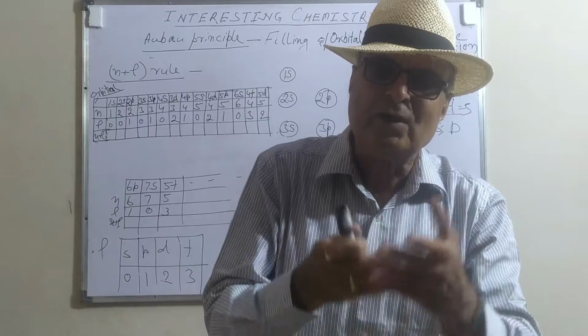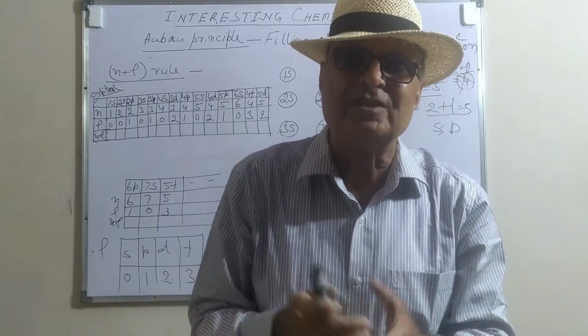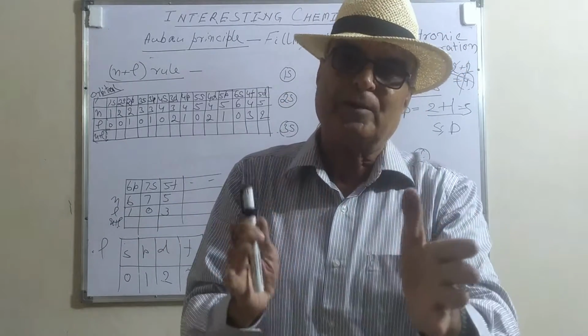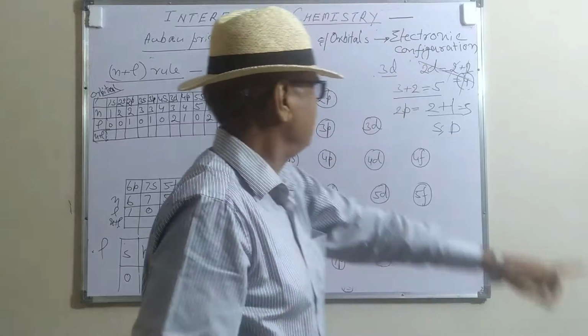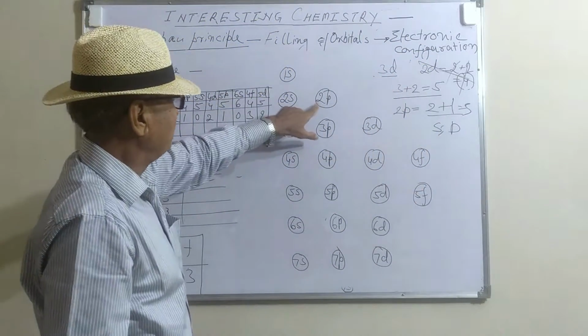You can't find the value of 3F because 3F doesn't exist in an atom. So F will be 4F. F starts from the fourth shell, 3D starts from the third, and 2P starts from the second.